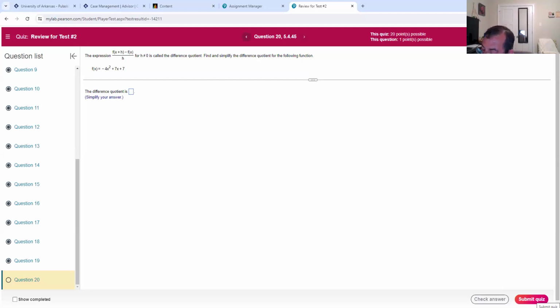But look at my f of x, it's a little more complicated. I got a negative 4x squared plus 7x plus 7. And we're still using our difference quotient. F of x plus h minus f of x all over h. So we'll go work this one.